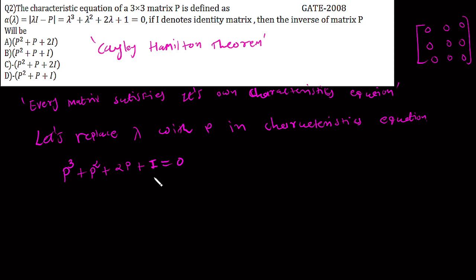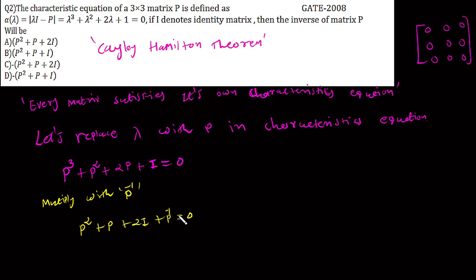So now they are asking about the inverse. How to find the inverse from this equation? The next step is that we have to multiply this equation with P inverse. So let's do it here. If I multiply, I am getting P square, here P, here 2 times the identity matrix, and here P inverse, and the right hand side is again 0, because multiplication of any matrix with the zero matrix still gives 0.